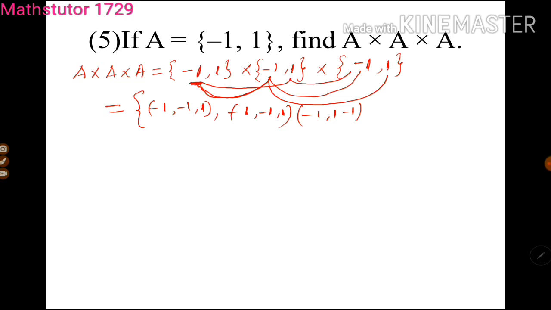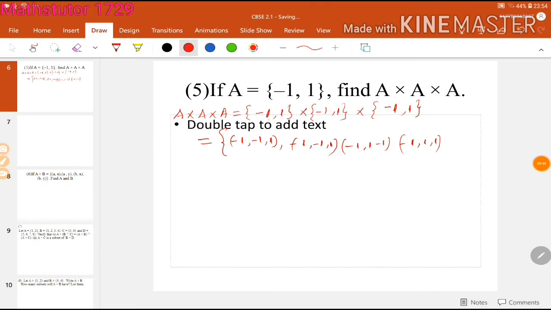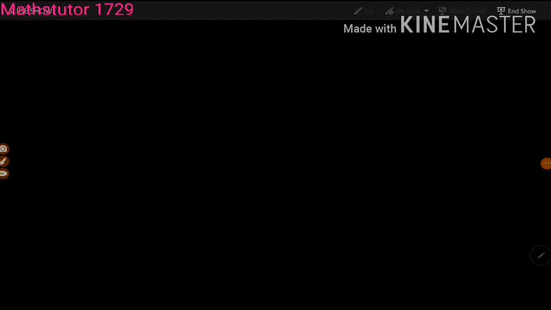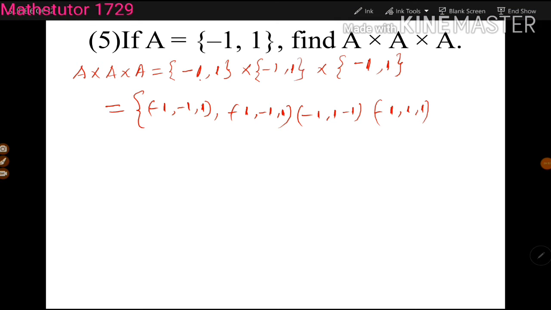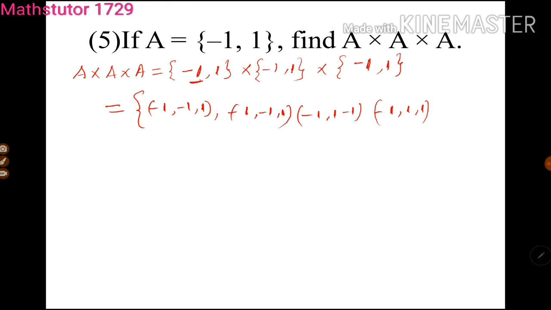Similarly, this -1 with 1 and the second one. Now if we fix -1 here, we can write 4 ordered triplets. Now again similarly, if we fix 1 here, we can make another 4 ordered triplets.